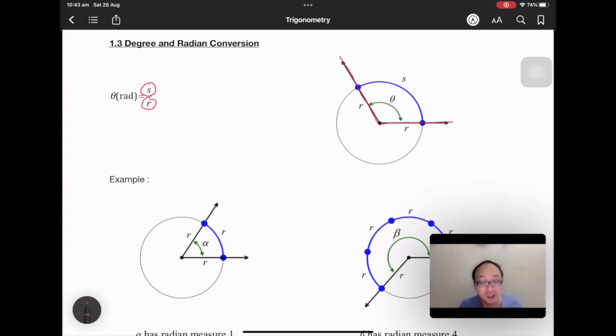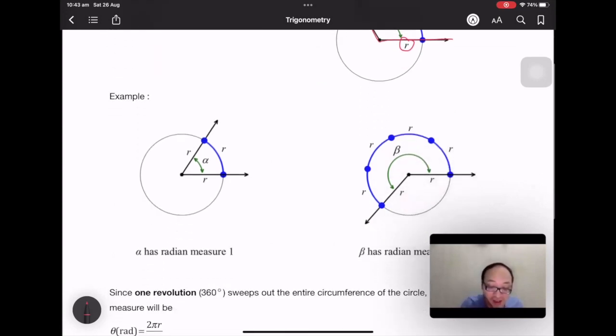So the angle theta subtended by the radius in radian is the ratio between the arc length and the radius of the circle. So for example, like this, if the length of the arc equals r, the radius, the ratio for the angle alpha is r to the radius.